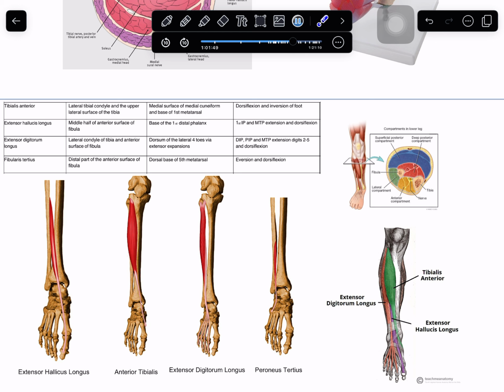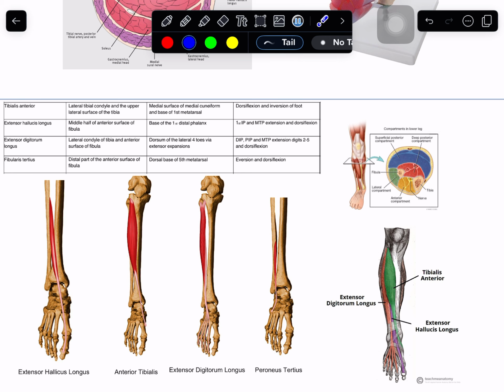So that means this is not only going to dorsiflex, but as the anterior tibialis contracts, it will also invert the ankle. It's going to bring those toes inward toward the midline. So that anterior tibialis is going to be a dorsiflexor and an inverter muscle, okay? So that covers the anterior tibialis.